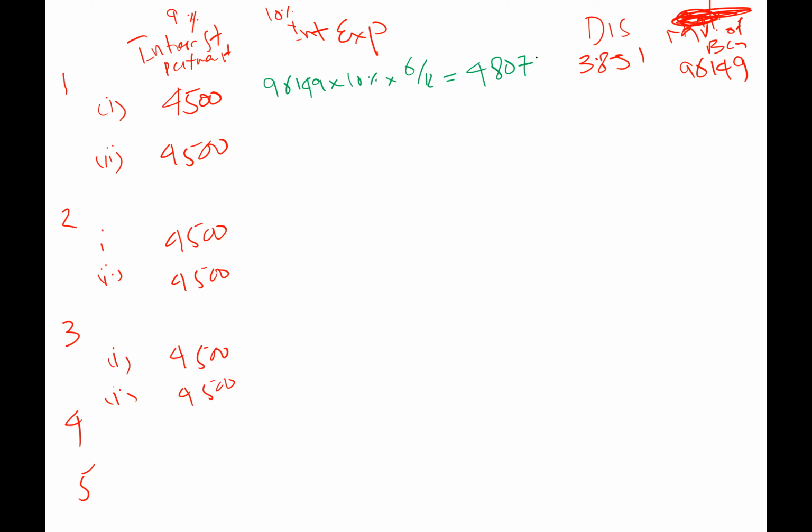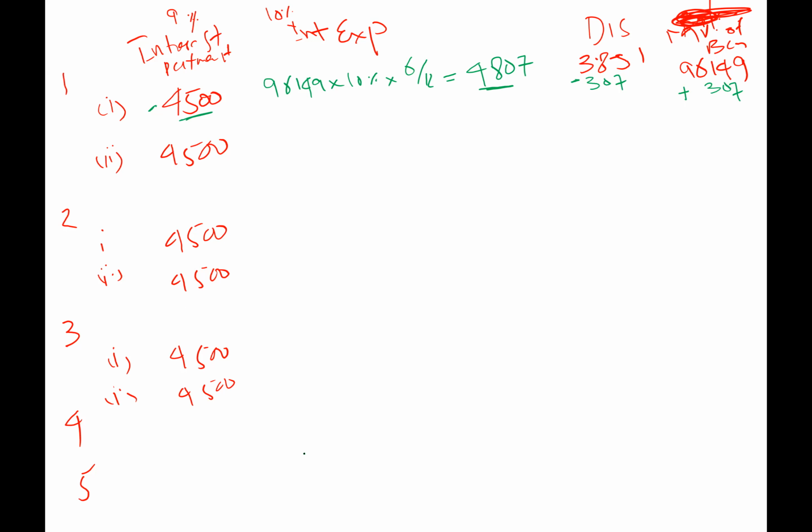Okay. So what we will do, because interest payment is less and interest expense is higher, the difference between interest expense and payment, which is 4807 minus 4500, answer is 307. We will less it from discount and we will add it in the balance.